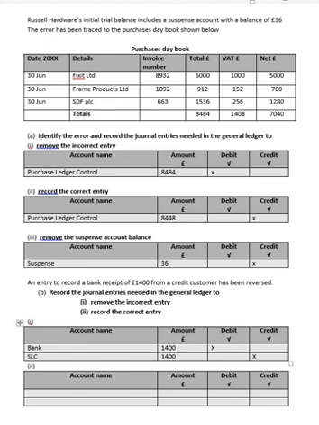And it says to record the correct entry. Again, I'm going to use bank and sales ledger control, capital B, A, N, K, and SLC.